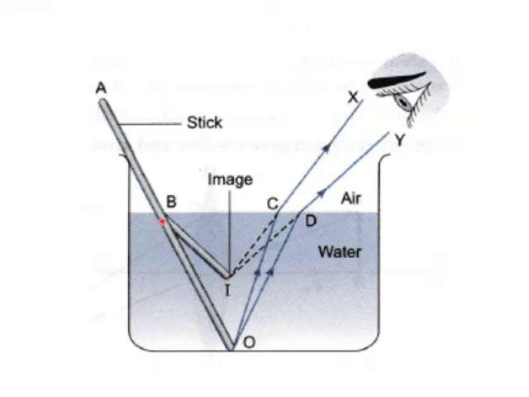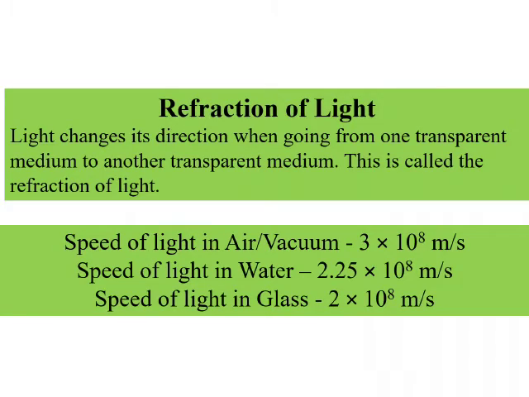So I hope that we have discussed a lot of examples and activities, and you will be able to define what refraction is. Let us see the definition in the next slide. So here we have the definition of refraction of light. That is, light changes its direction when going from one transparent medium to another transparent medium.